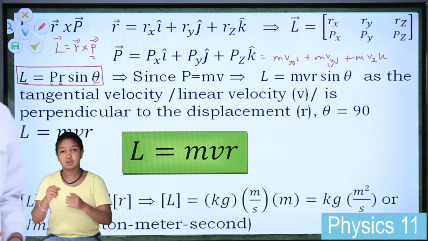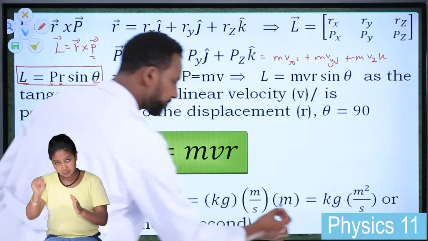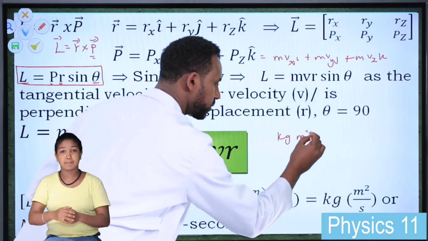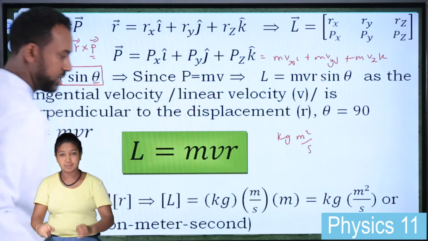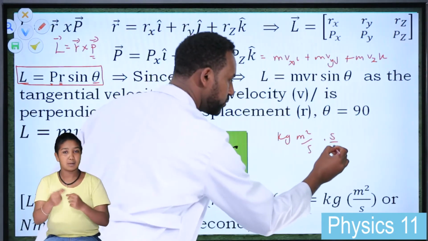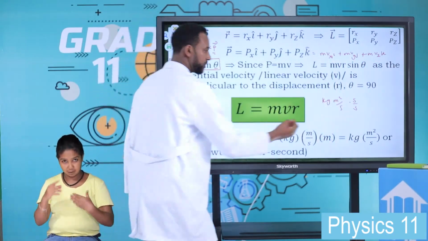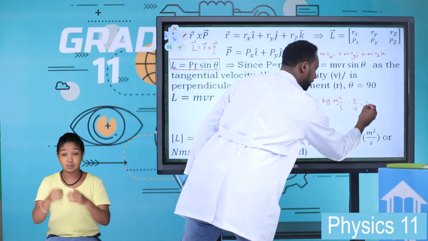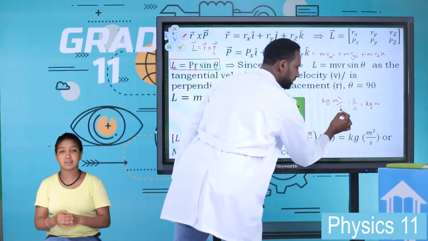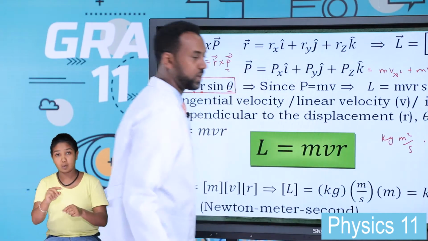It's also possible to correlate this using newton meter second, because it's possible to multiply kilogram meter squared over second by 1, meaning s over s gives us 1. Therefore, when you multiply this, let's put only one mass, m, second times second gives us second squared, and here you have 1 second.